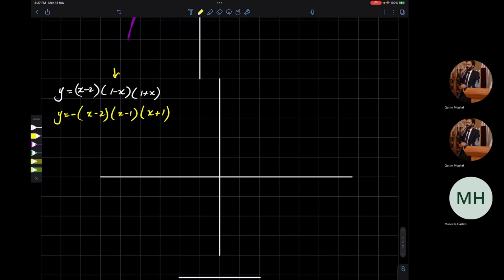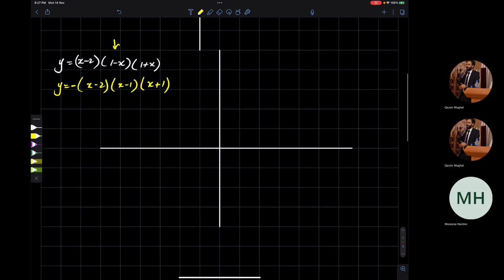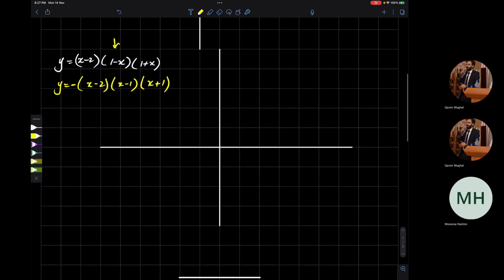All right. Now, as you can see, the coefficient of x cubed is negative. So the overall graph is going to fall. It is going to have a negative gradient. Now, the roots you can clearly see are +2, +1, and then -1. So I'm going to mark these points on the graph: -1, +1, and then +2.